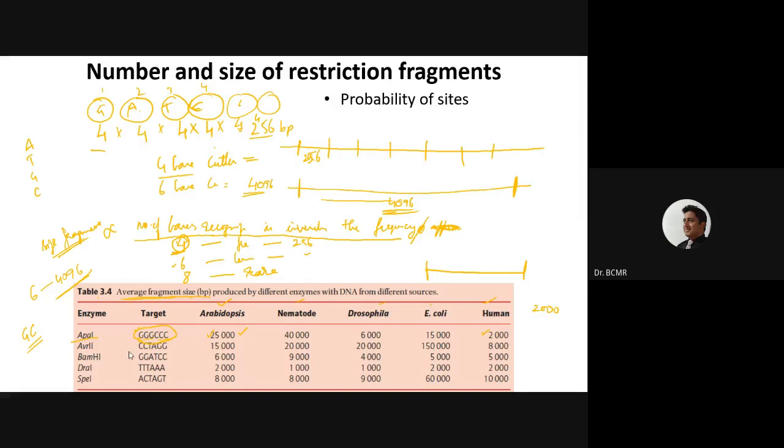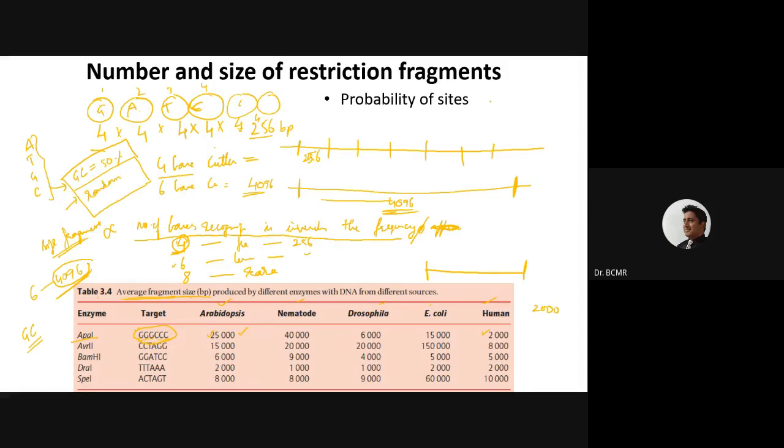And there is one more thing that you have to think of. The theoretical values that we have come up with are true only if GC content is 50%, which means all these bases are equal in proportion. And the second point is that there should be random distribution.